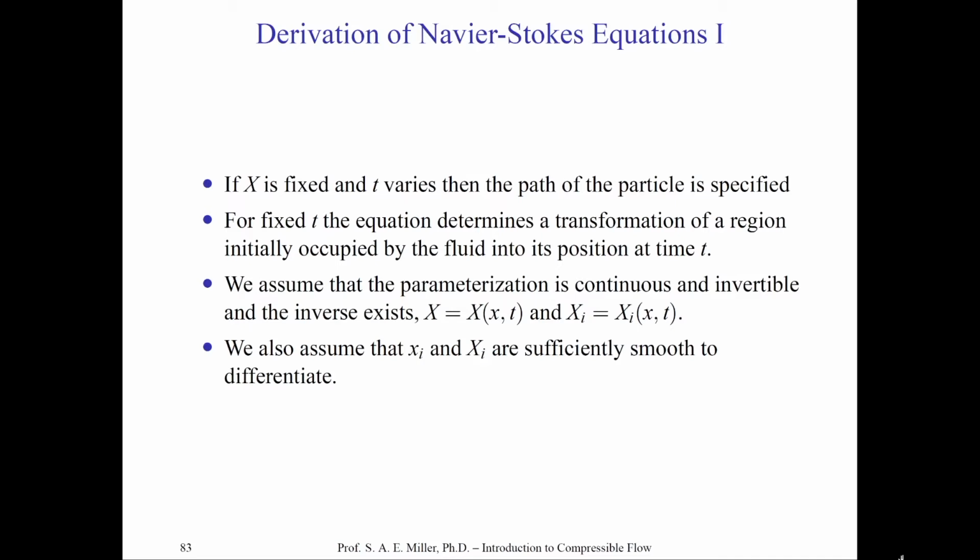And therefore, we can write capital X equals capital X of a function of space and time, or the vector of the new position capital X as a function of space and time. A final assumption will be that x sub i and capital X sub i are sufficiently smooth to differentiate. That is, whatever equations or solutions we find must have some property of smoothness, so they possess differentials.